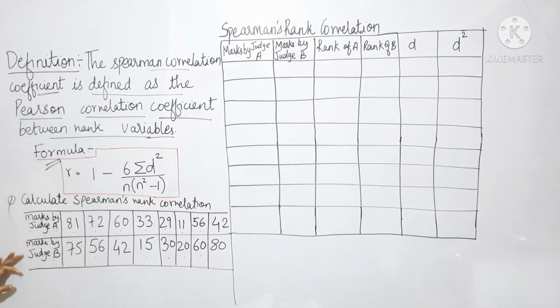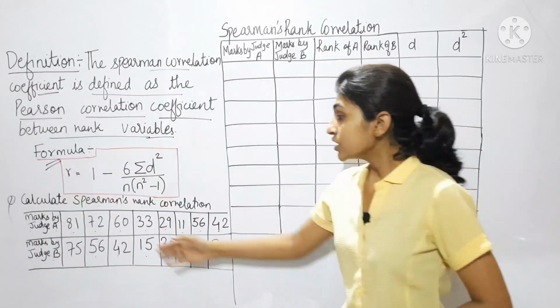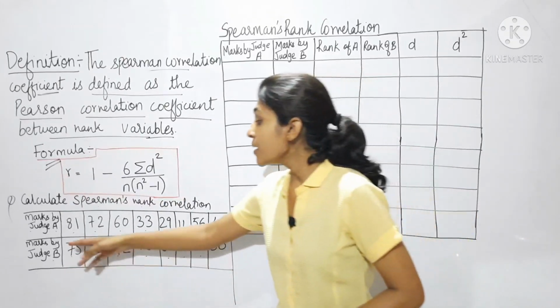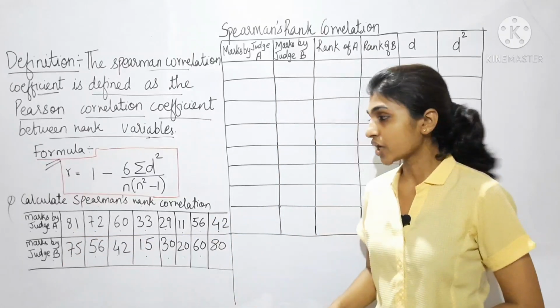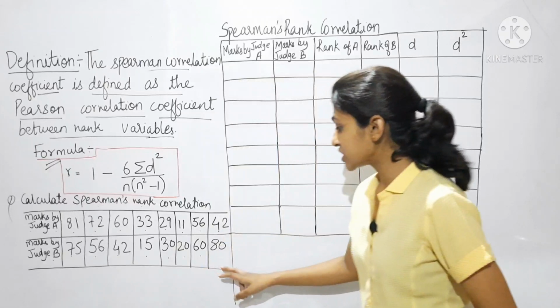We have to calculate the correlation between these two sets of marks given by two different judges, how the marks are correlated with each other. So this is the question.